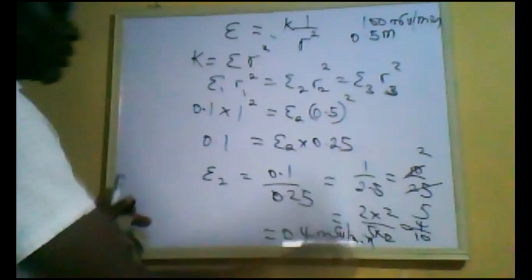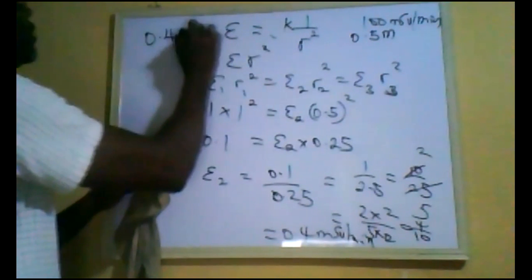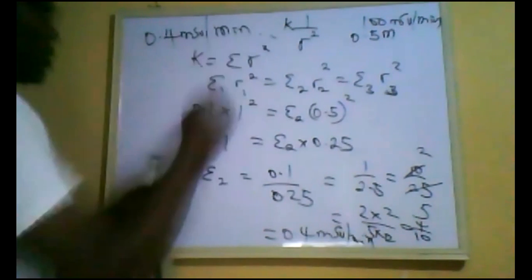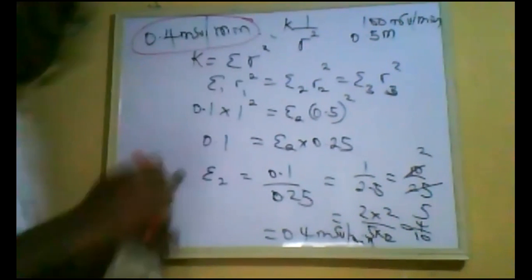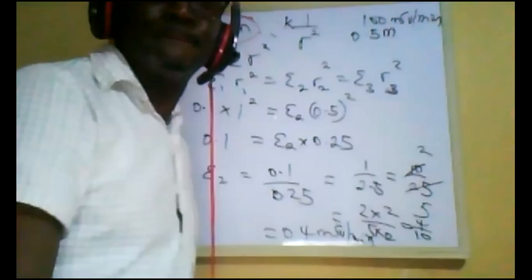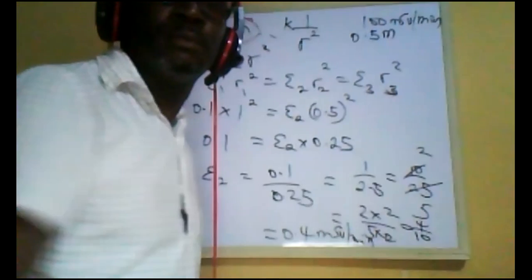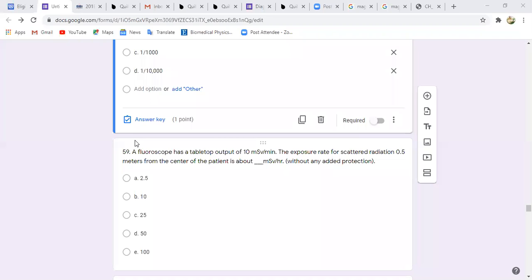Of course, you're allowed to use a calculator. So 0.4 millisievert per minute. Let's go back to the screen. Okay, they said per hour now.